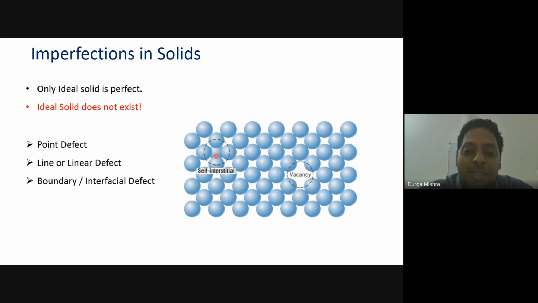This kind of defect is called a self interstitial, because the same atom is occupying an interstitial site. The same atom means it has the same atomic radius as the original atom, so it tries to squeeze in. This is normally difficult, because with equal size the probability is low, but it is still possible.